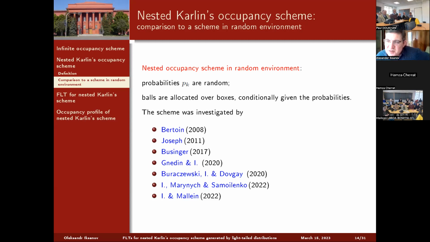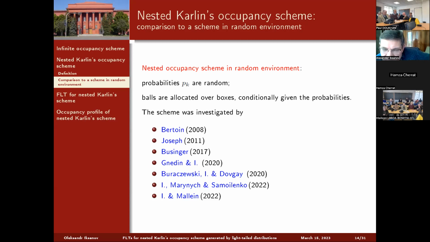No, in my talk, I presented results for fixed environment. That is, when the probabilities are deterministic. There is another group of results dealing with random probabilities, but in their nature, these two groups of results are absolutely different. And I would say they are not comparable.